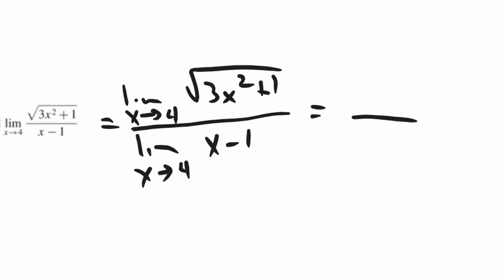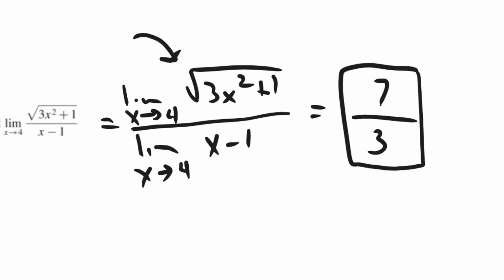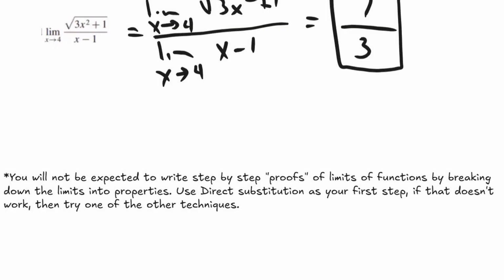Now, since the denominator is a polynomial, we can use direct substitution. You plug 4 in, you get 3. Here in the numerator, we could use the limit properties to break apart the radical, the 3x squared plus 1, and we would eventually see that the limit is going to be square root of 49 or 7, so our answer is 7/3.